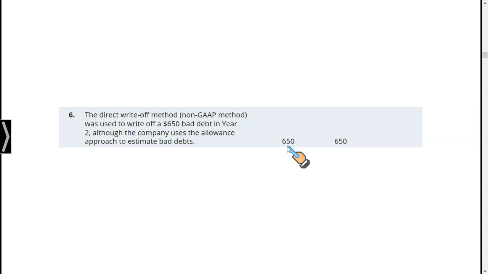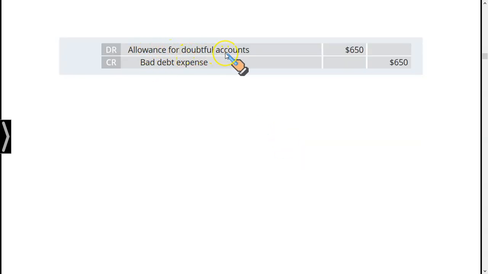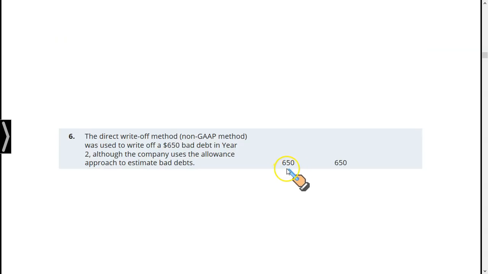Rather, it should be charged against the allowance for doubtful debts or allowance for uncollectible accounts. Let me show you the journal entry. Allowance for doubtful accounts debit, and bad debt expense credit, which means a reduction from expenses, would increase your income as shown here. Your net income increases by $650 and your net current assets increase by $650.